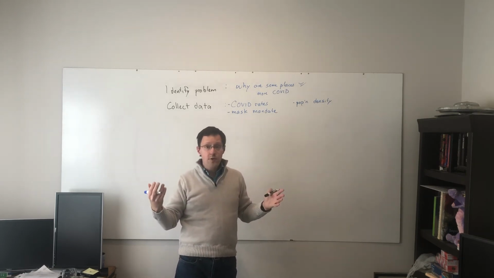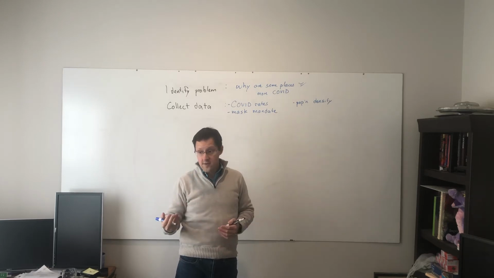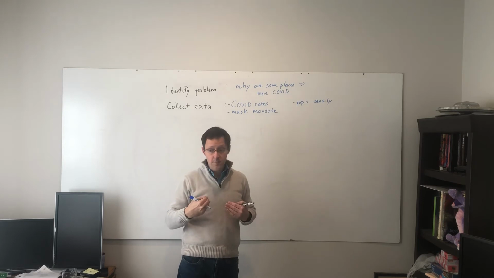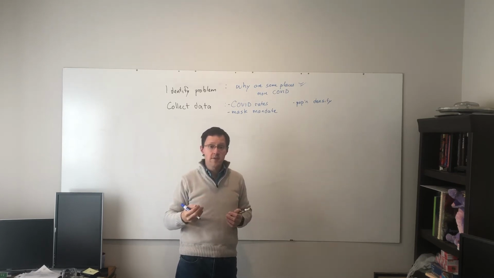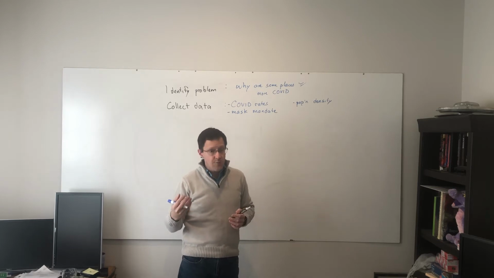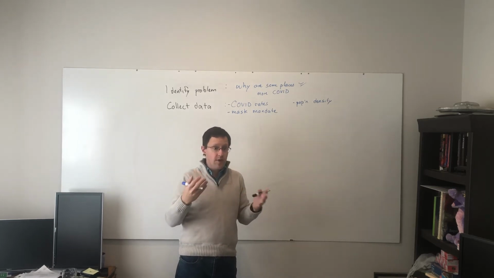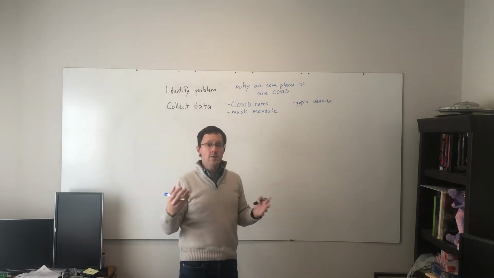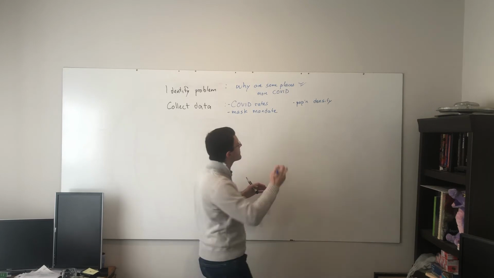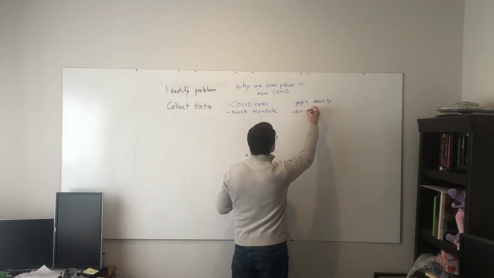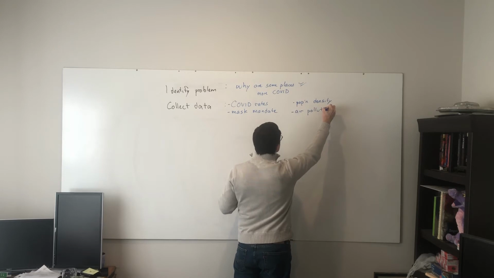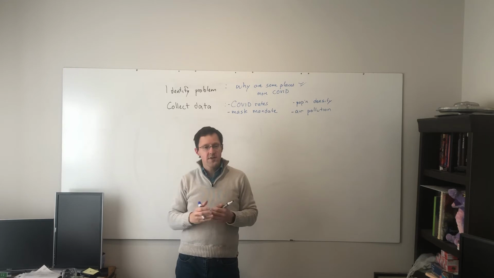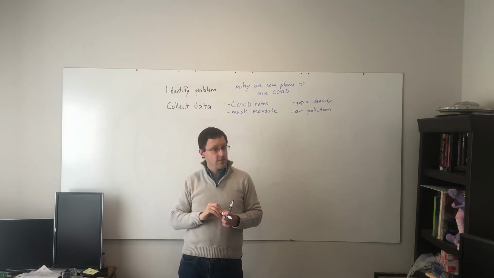A third potential factor could be recognizing that as an airborne lung-based disease, perhaps air pollution can affect people's immune systems, can affect people's respiratory systems, and make it spread more efficiently. So we can have here just a set of data to work with.